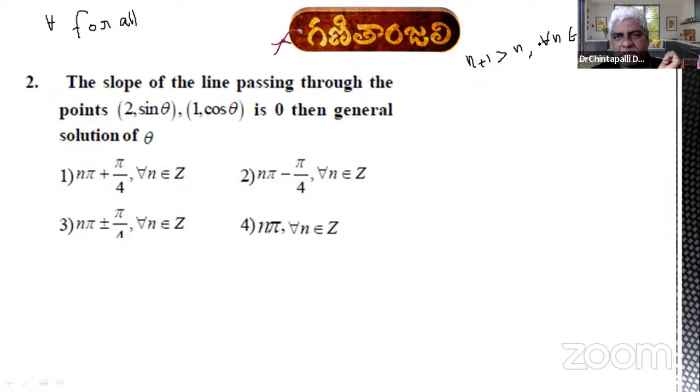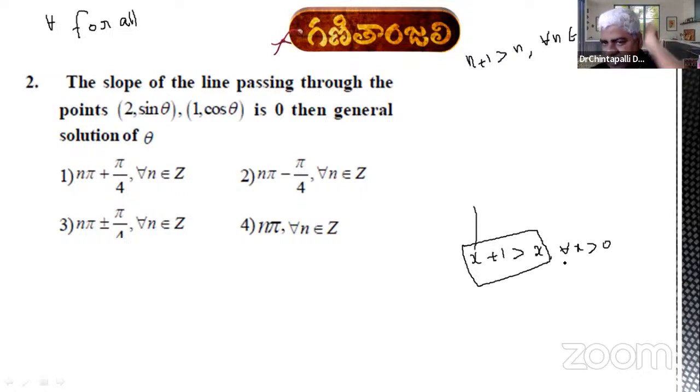Another example: x plus 1 is greater than x for all x greater than 0. This statement is true for all x greater than 0; if we plug in any value greater than 0, it is true. So this is the meaning of that symbol, for all.